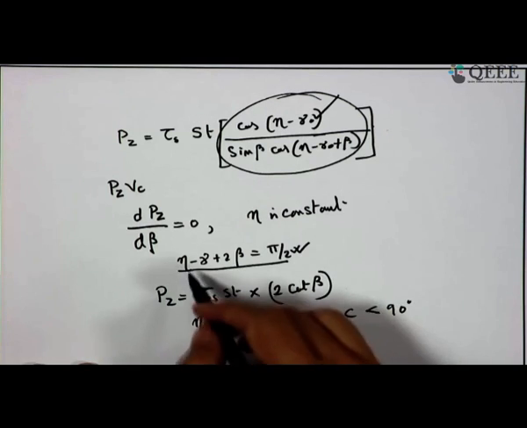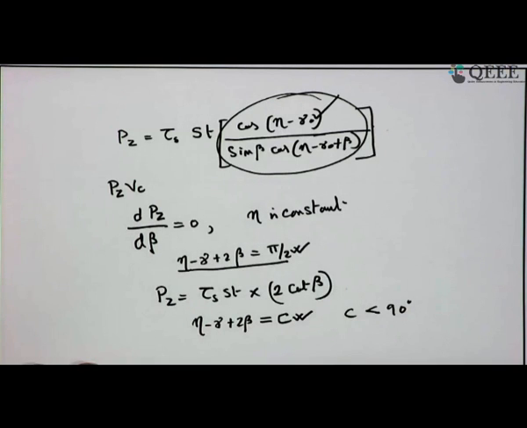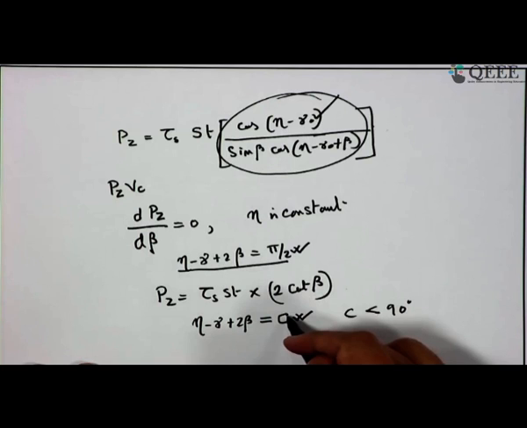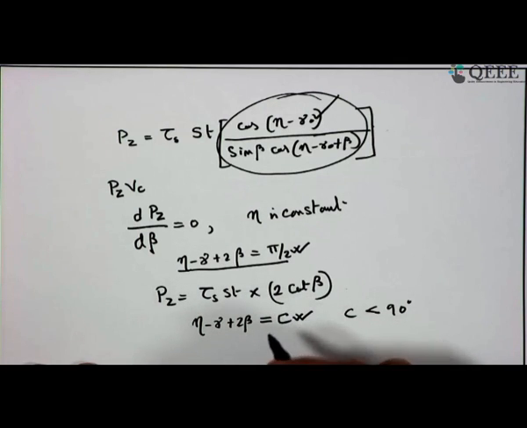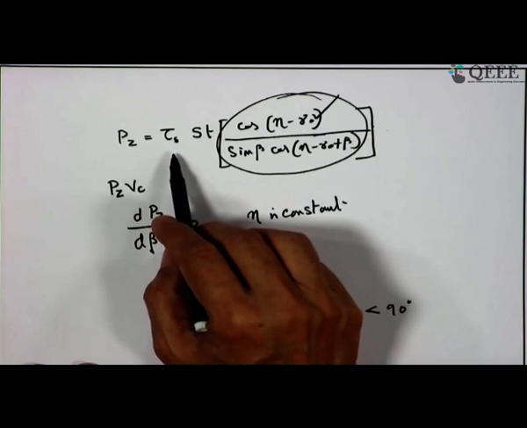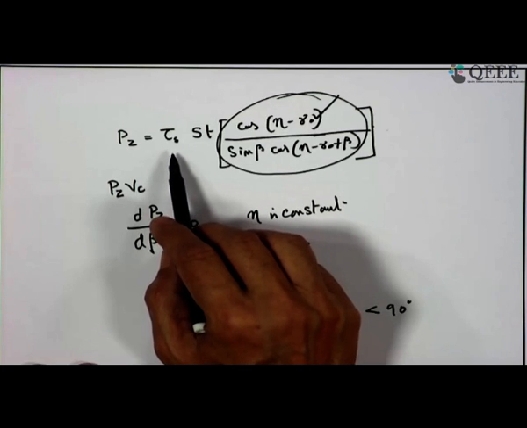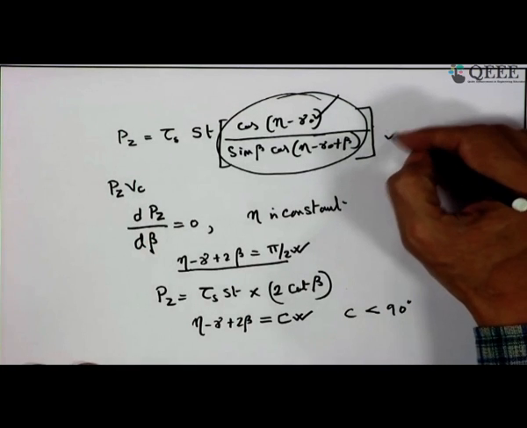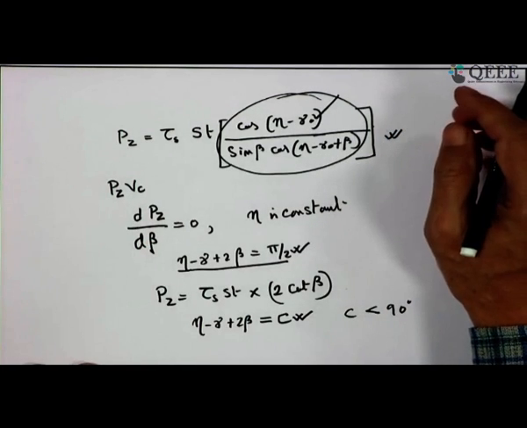Had it been 90 degrees, we could have got the earlier result. So, this is also one assumption, that tau s, which is a constant for a particular material, has been assumed in this case, but that is not true.